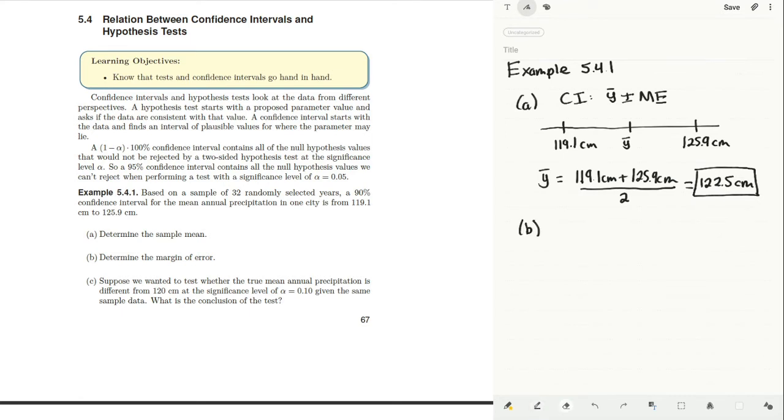Now let's determine the margin of error. There's a few ways to go about finding the margin of error. We know that the sample mean is 122.5, and the extent of one side of the interval from the sample mean is the margin of error. So we can find the distance between one endpoint and the sample mean.